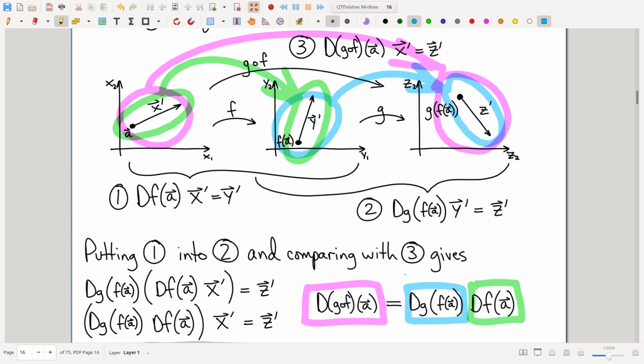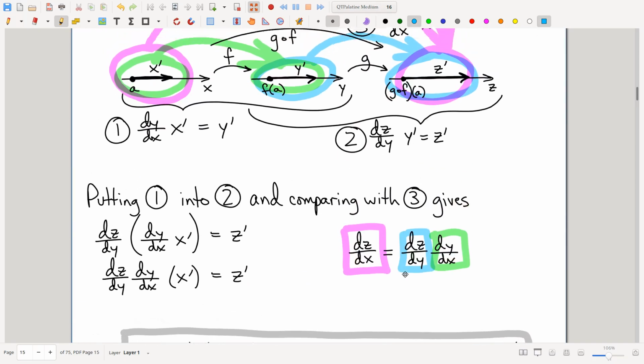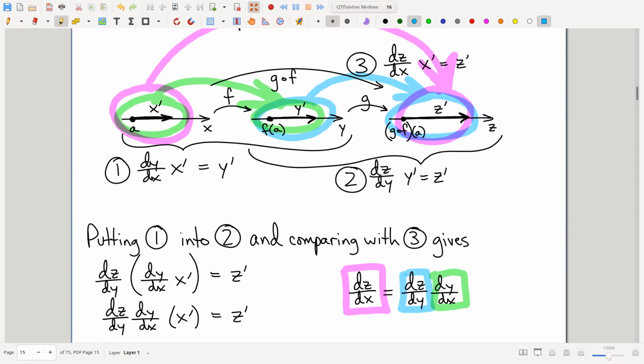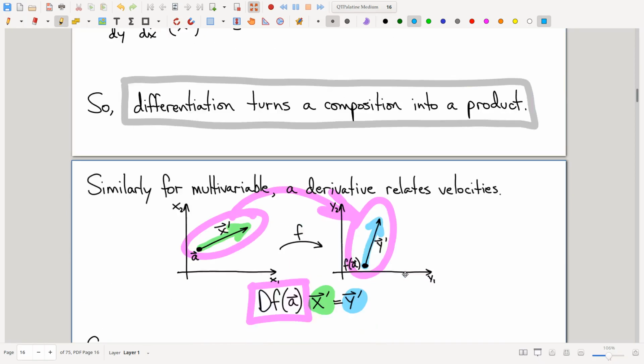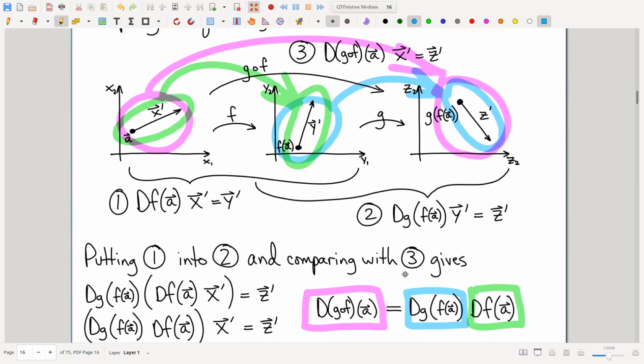Just like in single variable. Right, now again, in single variable, these were scalars, but scalar factors multiply, same story, and now they're matrices, but still factors multiply. How we doing? Everybody buy it?